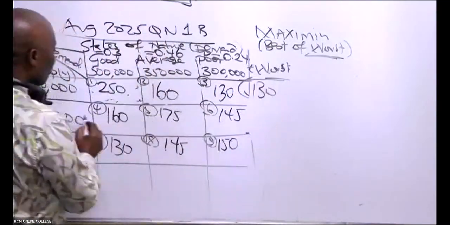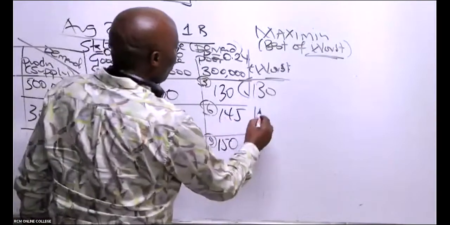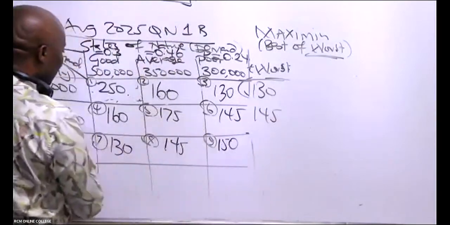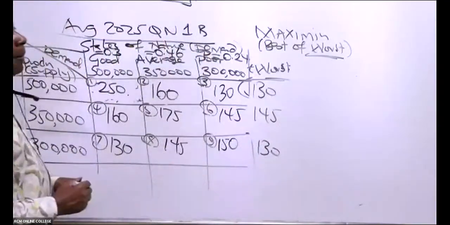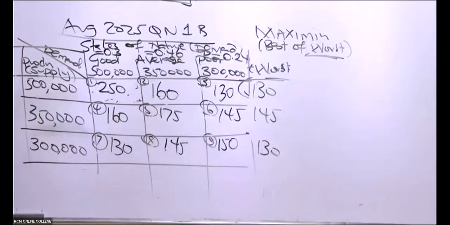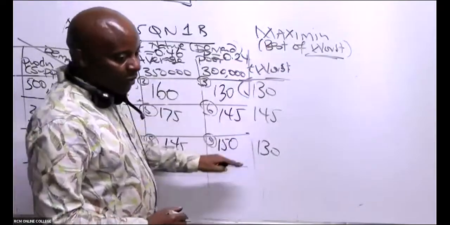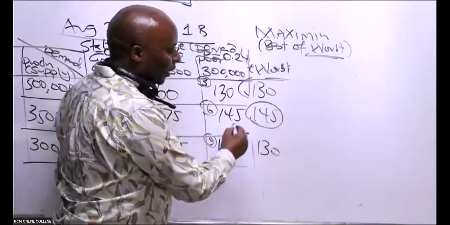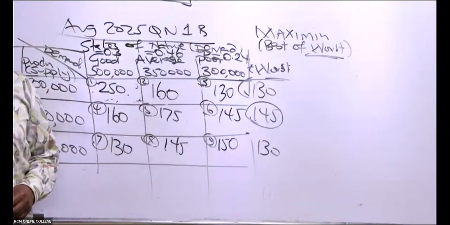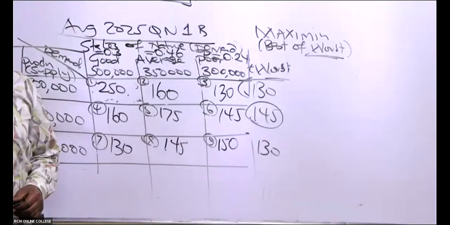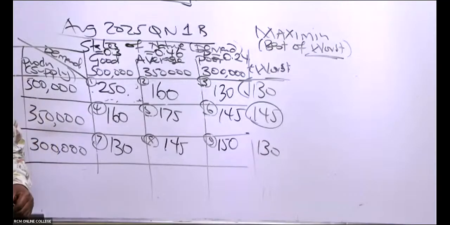The second alternative, which one is the worst? 145. Which one is the worst here? 130. So then remember, we want to pick the best of the worst. So among the three, which one is the best of the worst? 145, isn't it? So 145 is the best of the worst.